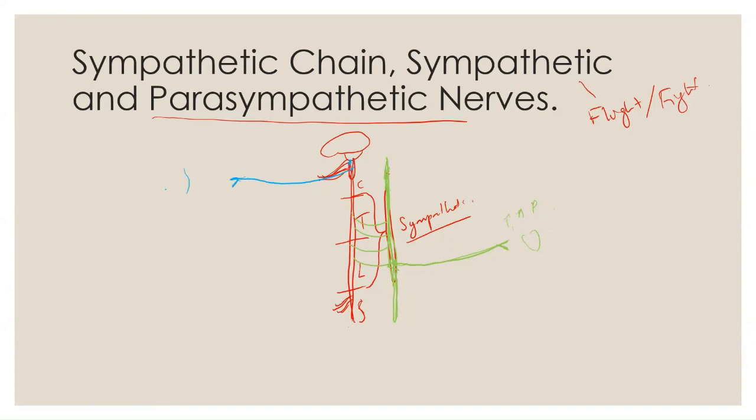For example, if you take a salivary gland, it goes very close to this gland, and then you have a small ganglion close to the organ which supplies the gland like this. So in the sympathetic nerves, you have the ganglia closer to the vertebral column, and in the parasympathetic system you have the ganglia closer to the organ.